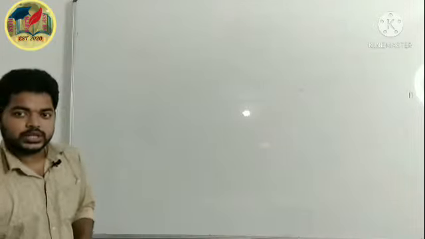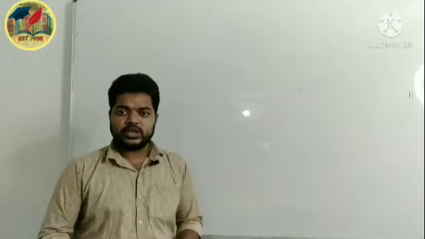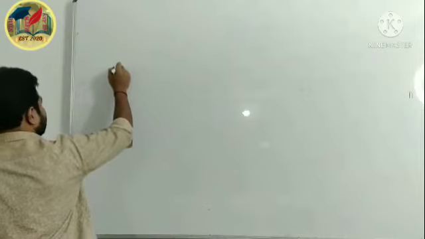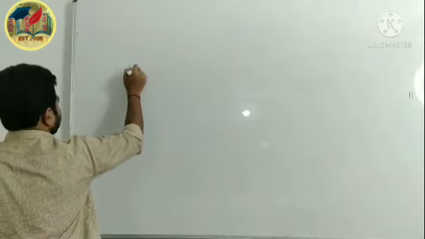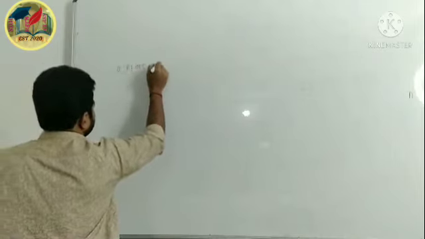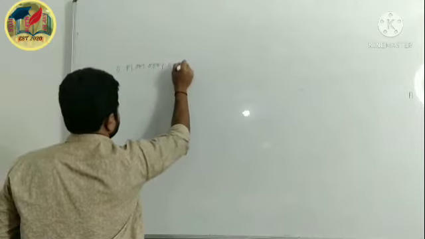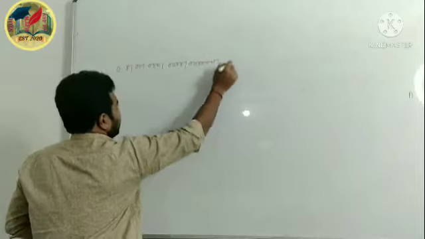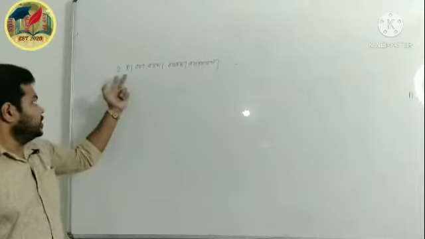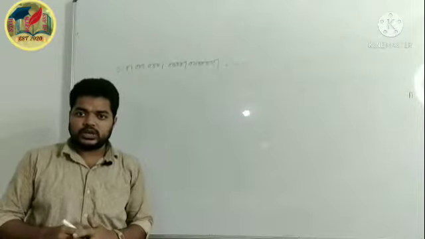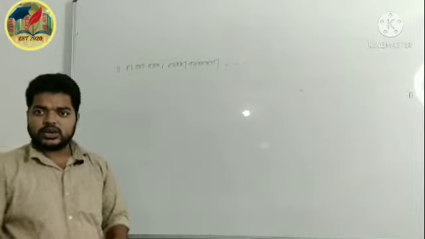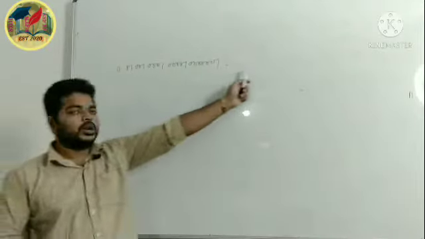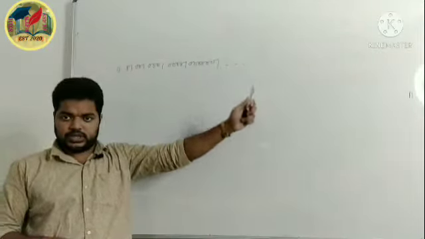So what are the numbers which have non-terminating and non-recurring? Suppose we consider a number 0.01, 001, 0001, 000001, 0000001, and so on. So see that in this number we cannot replace recurring on any digit. Clear? And this also a non-terminating number, non-terminating decimal.